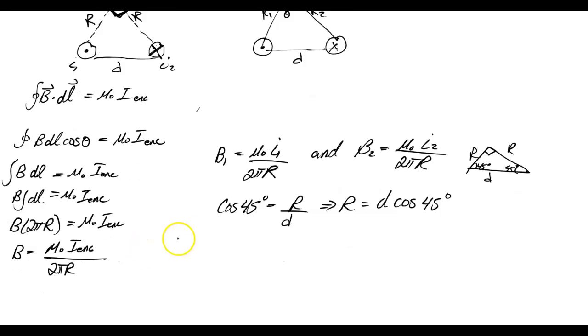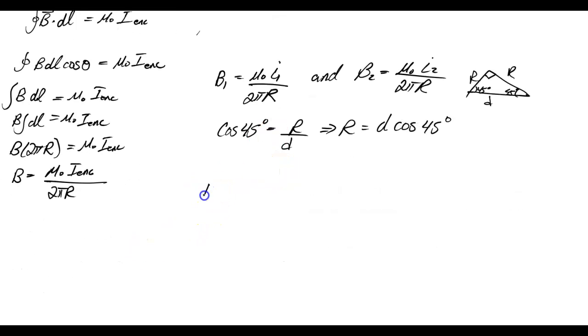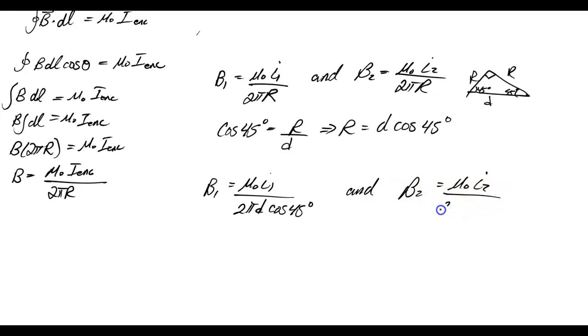Which means that B1 equals mu naught I1 over 2 pi d cosine 45 degrees, and B2 is mu naught I2 over 2 pi d cosine 45 degrees.